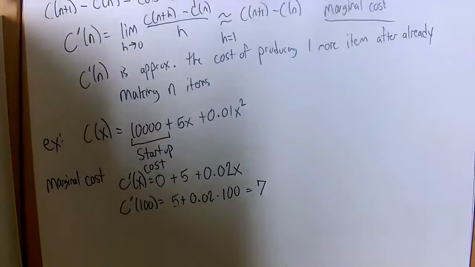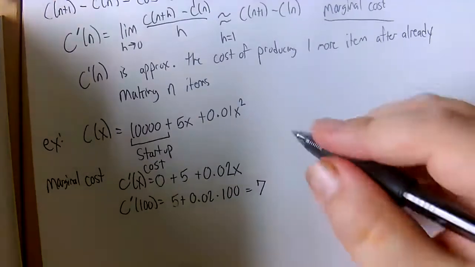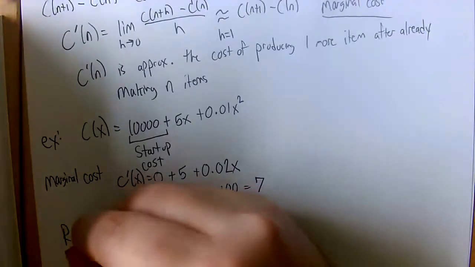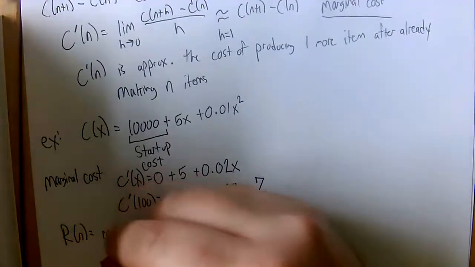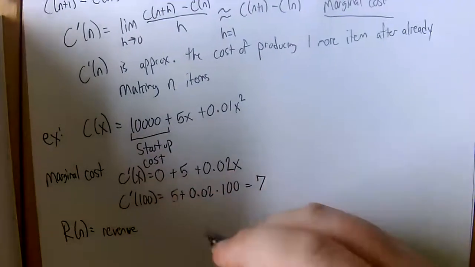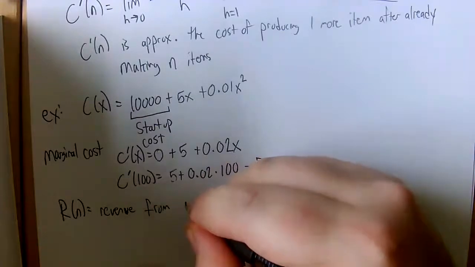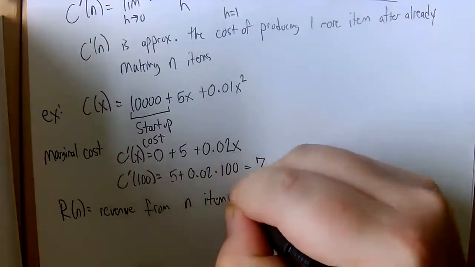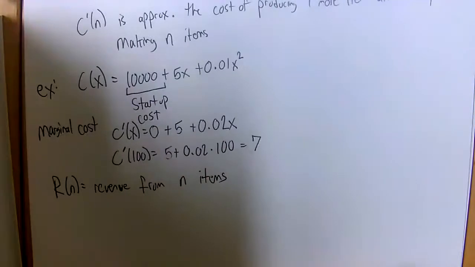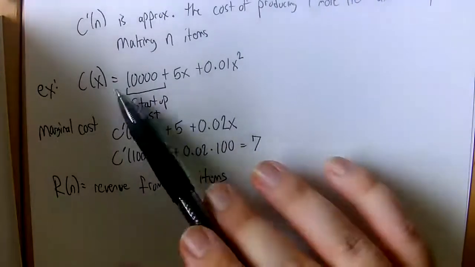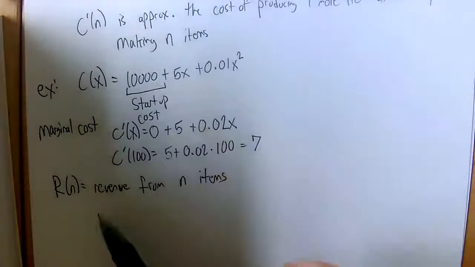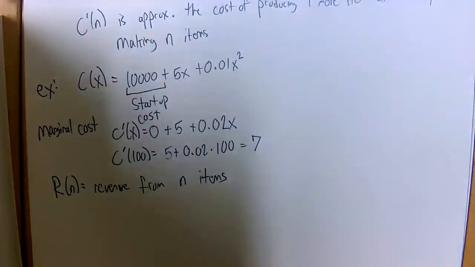Now, in addition to cost, there are other quantities of interest in economics and business. So for example, we can have R of n is the revenue, or how much money we bring in from n items here. Now, unlike the cost function, which usually has a constant here, the revenue usually doesn't have a constant, because you usually don't make any money or bring any money in from selling 0 things.